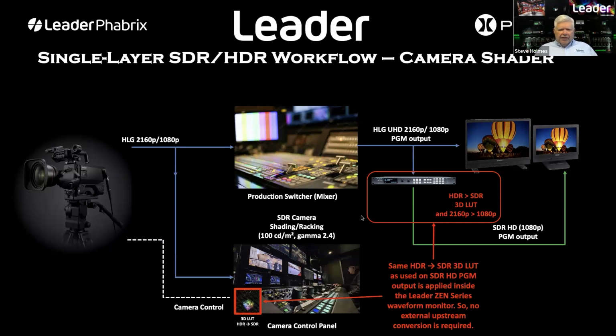And you have the ability within the waveform monitor to look at the LUT output, or you can look at the raw output. And a lot of production now, let's face it, is actually being shot in 1080p.